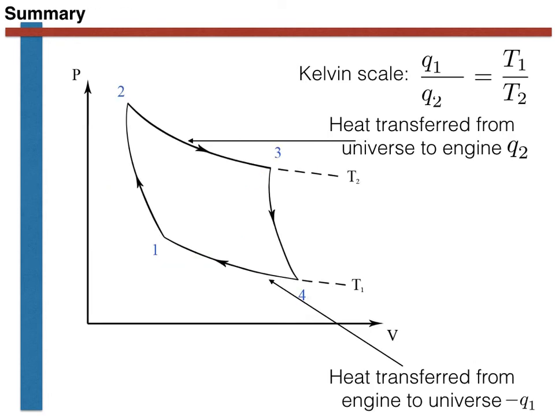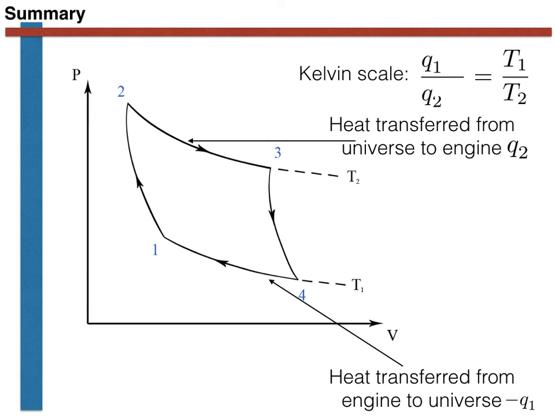To summarize then, we have finally arrived at a universal calibration for temperature. We have done so by considering the operation of a Carnot engine between two temperatures T2 and T1. We have explained that this is the most efficient engine that can be constructed to operate between these two temperatures, and I have explained how this engine functions by absorbing energy from a heat bath at the higher temperature and dumping energy to a heat sink at the lower temperature.